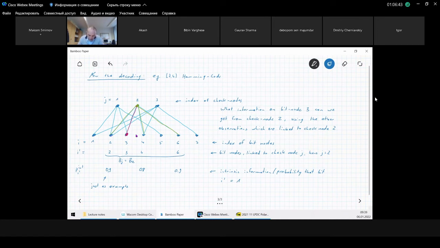So all these 3 green guys which are linked here over check node 2 with our bit node 2, let's assume for all of them the probability is fairly high that those ones are 1 bits. Okay, so let's see how we basically can continue.